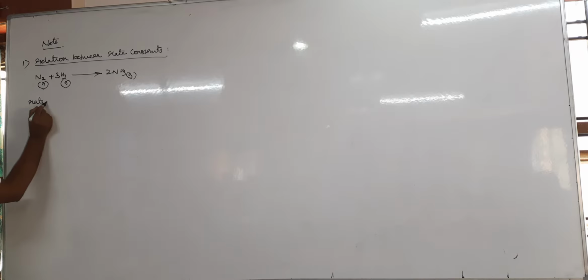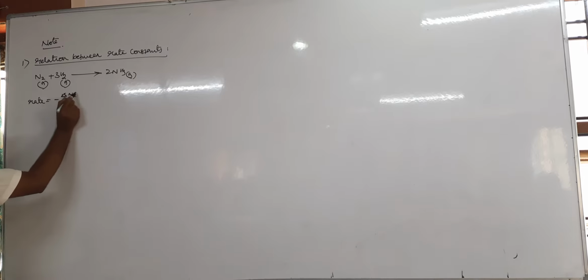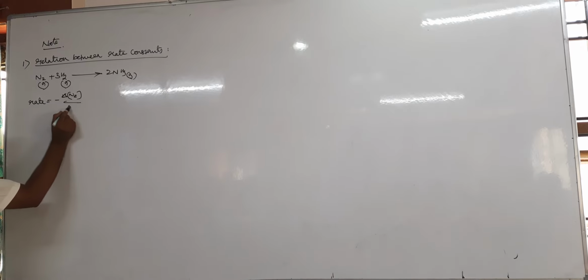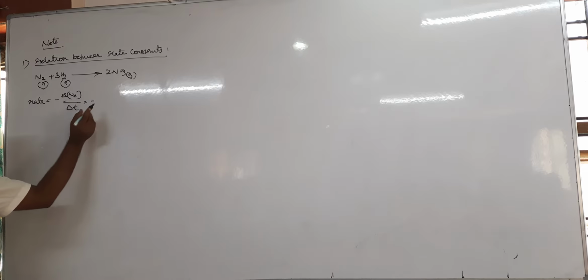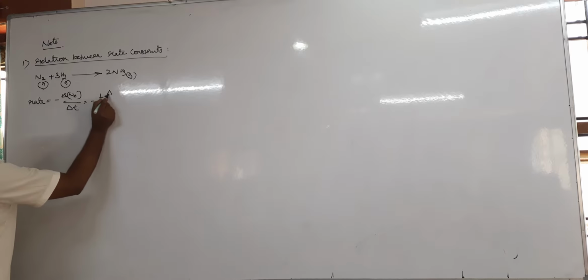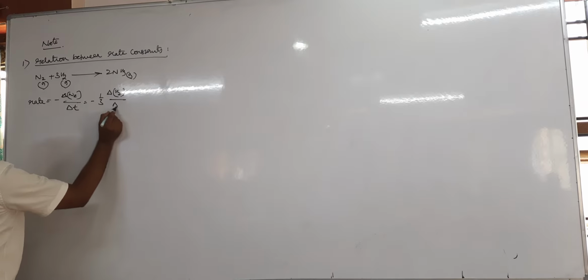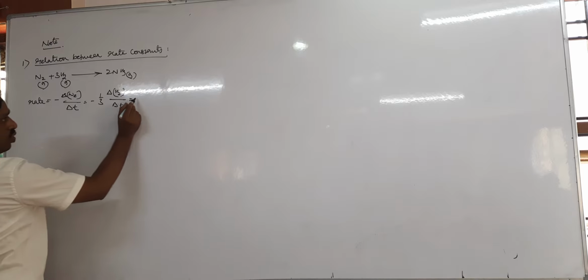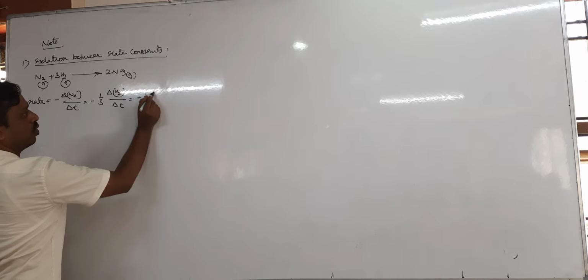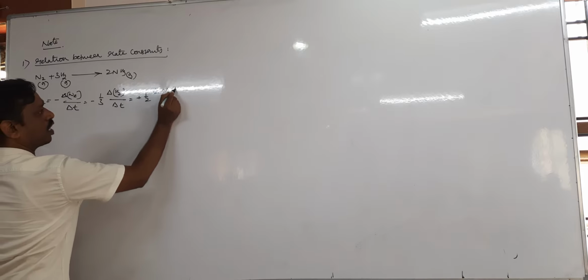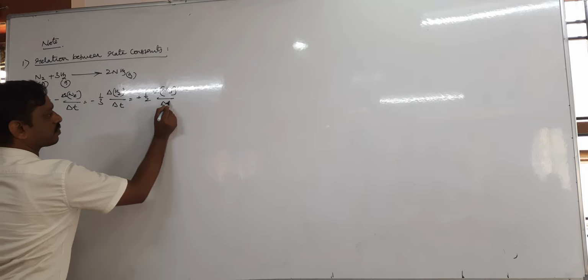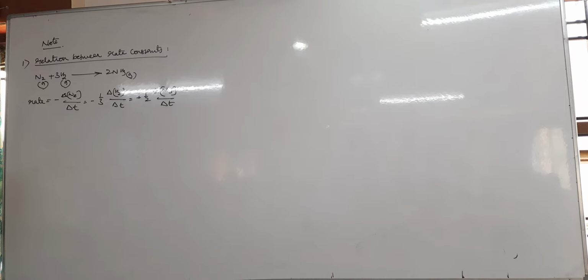Rate is equal to minus delta N2 by delta T, minus 1 by 3 delta H2 by delta T, which is equal to plus 1 by 2 delta ammonia by delta T. Okay, this we have studied.